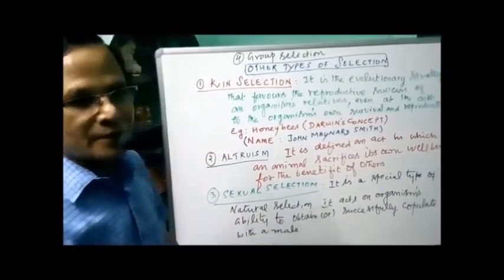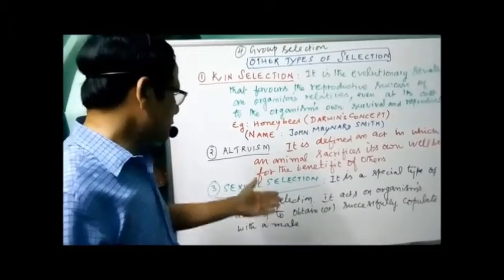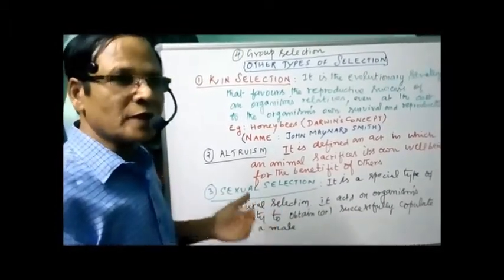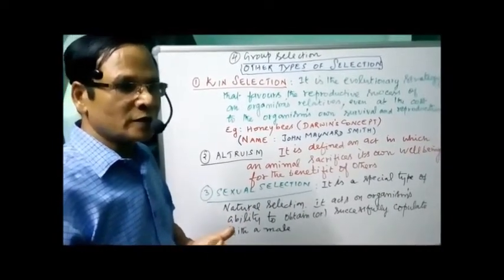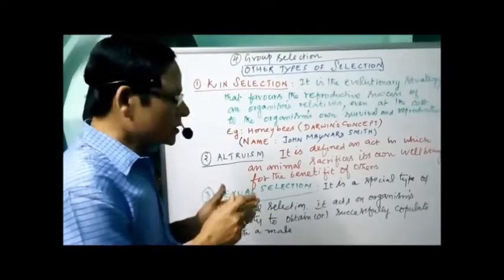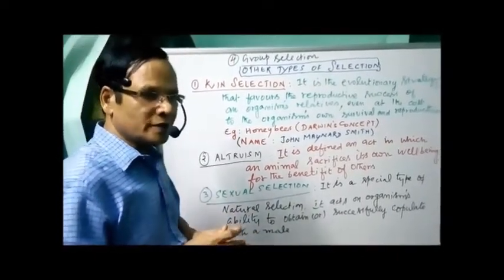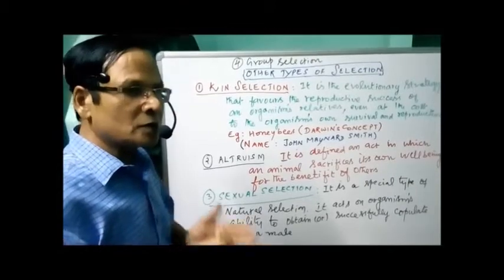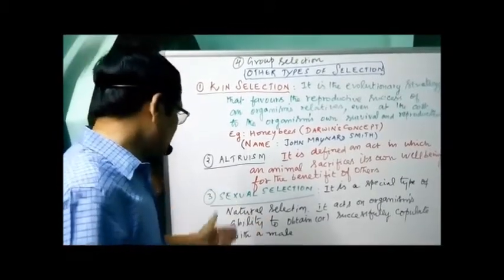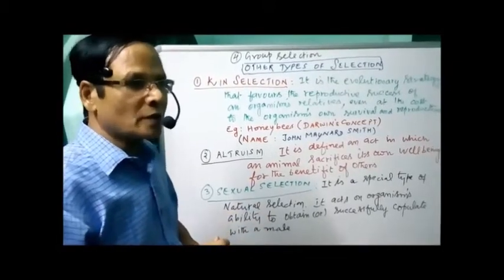Now sexual selection. It is another type of natural selection. It acts on an organism's ability to successfully mate. In Darwin's selection, normally he didn't consider sexual selection. Sexual selection acts on whether the female organism is able to mate with a male or not.